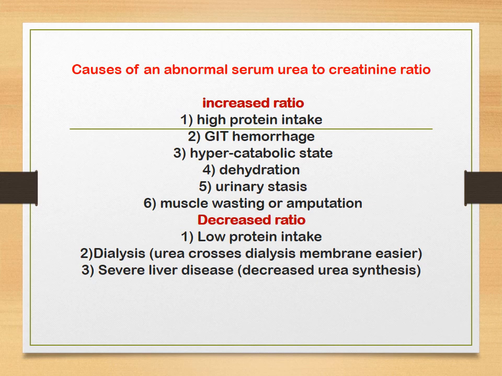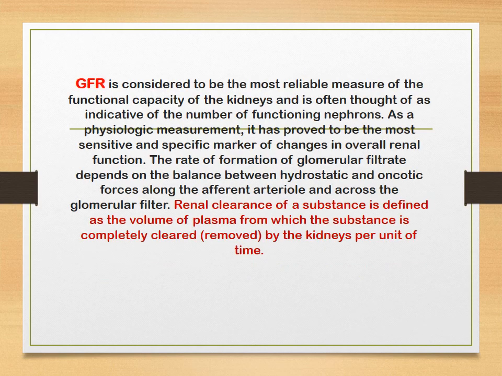All this increases urea with normal creatinine, so the ratio is high. While decreased protein intake from malnutrition, malabsorption, or severe liver disease that results in stopping of urea formation in the urea cycle that occurs in the liver, or dialysis, result in a low urea to creatinine ratio.